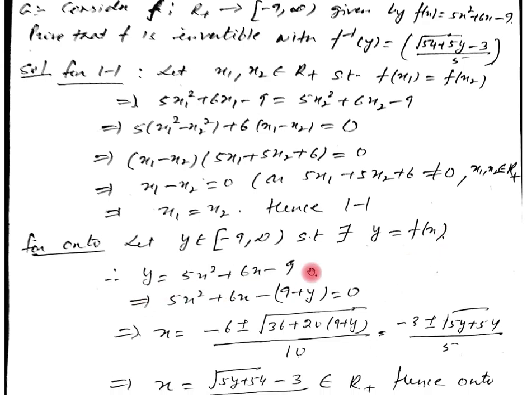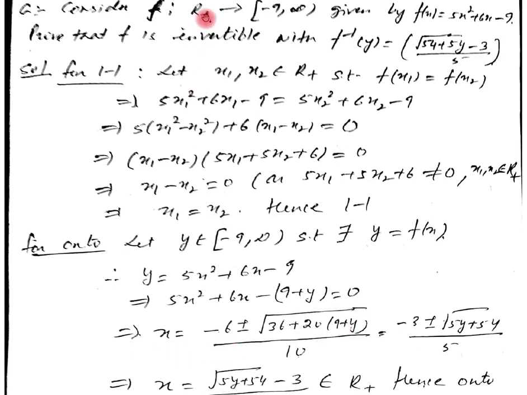Now y equal to f(x) means y equal to 5x square plus 6x minus 9. Now simplifying it, we write x in terms of y. By simplifying, we are getting a quadratic equation. We can solve it by the discriminant method. So we are getting this value of x.